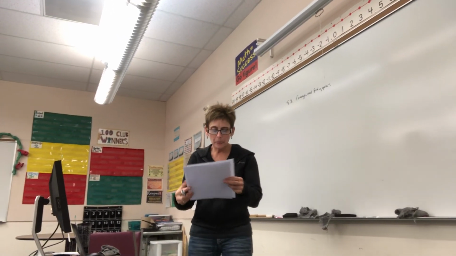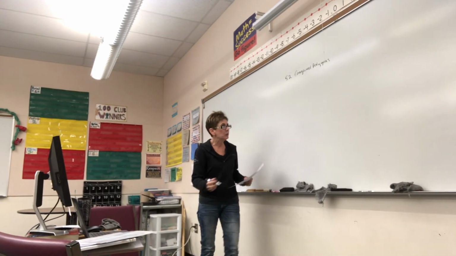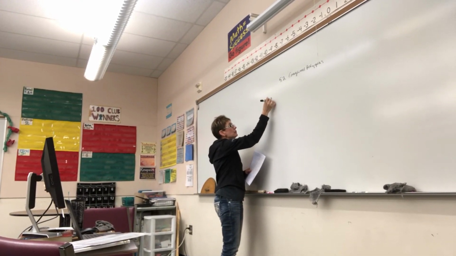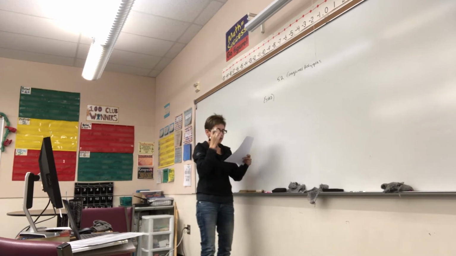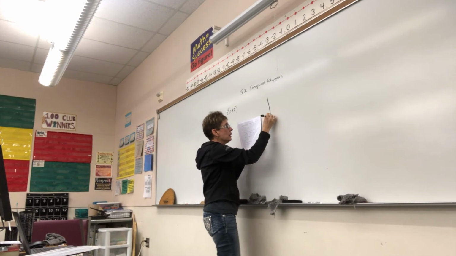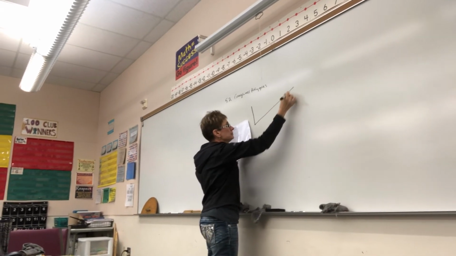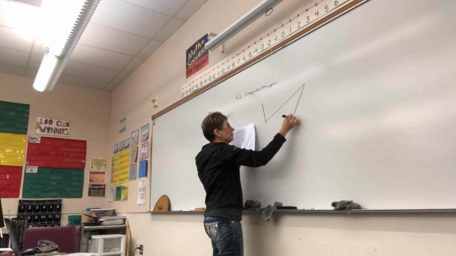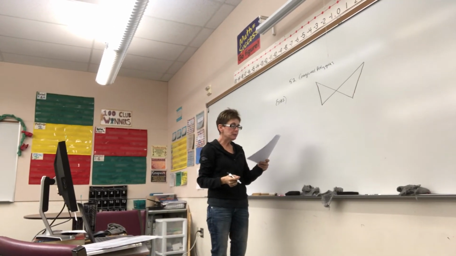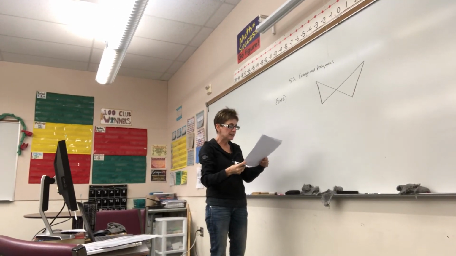So this is going to be example number 2, and it will be the last example in the notes. And I'm going to draw a picture, and it might be helpful if you could copy it down. Those triangles should be looking like they're the same size.